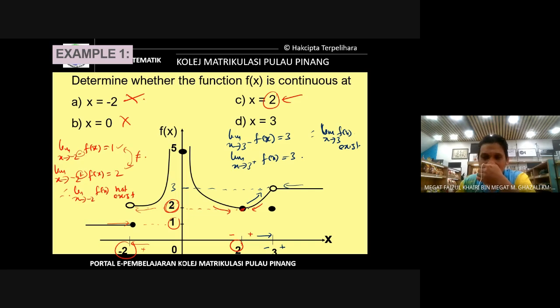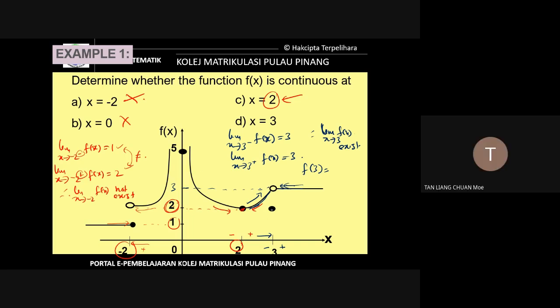Let's say now class, x approaching 3 from left, x approaching 3 from right. By the way, when x is exactly equal to 3, what is the value of y?